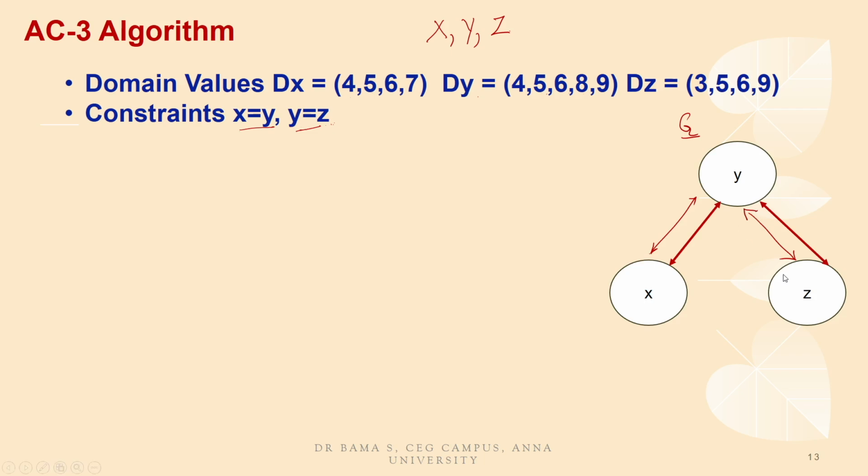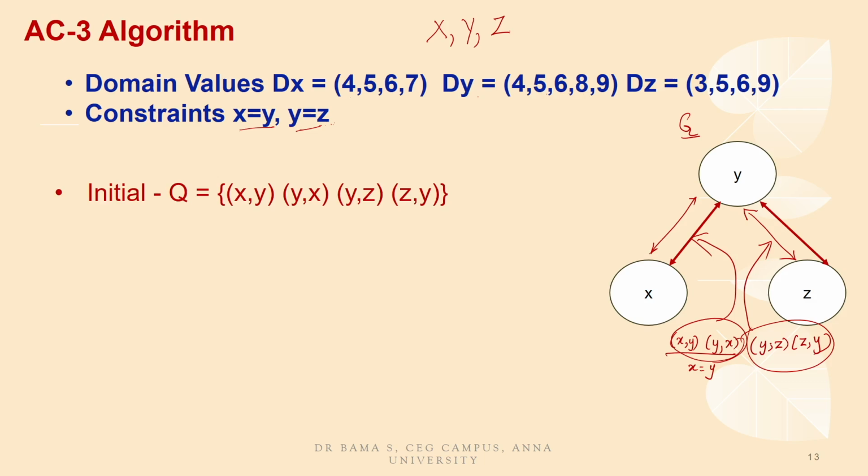So, when we write this as arcs, we write x comma y as x is equal to y, y comma x as y is equal to x. And similarly, for y is equal to z, we write it as y comma z and z comma y. This indicates this part, and this indicates this part.